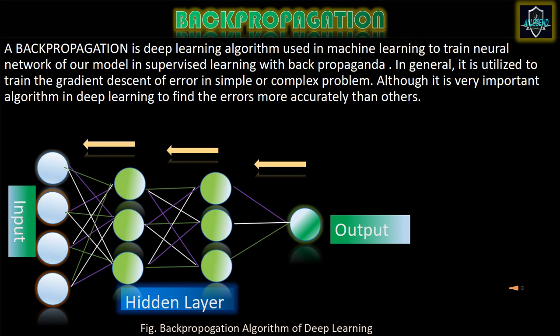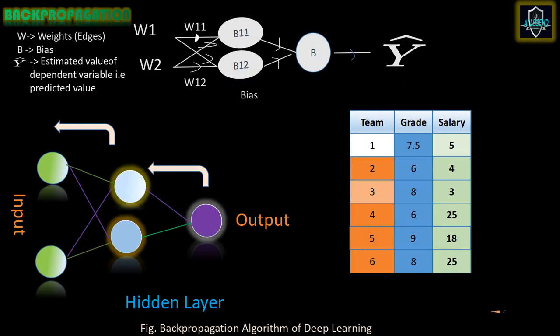So we have to reduce the loss as an error, right? Now if we look at the figure, there's weight W, bias B, and y hat is the prediction value, or we can say the estimated value of the dependent variable.